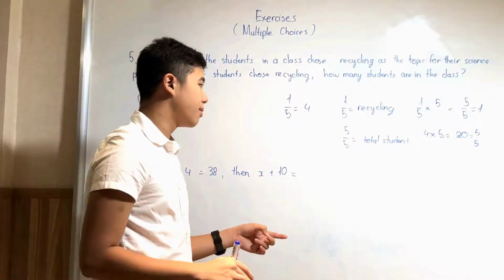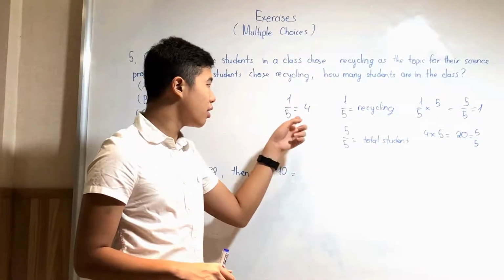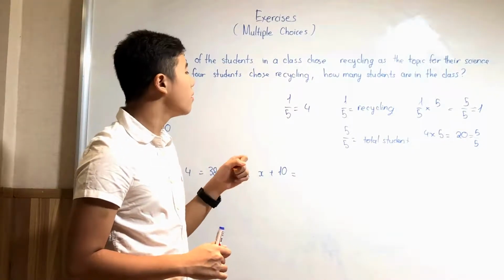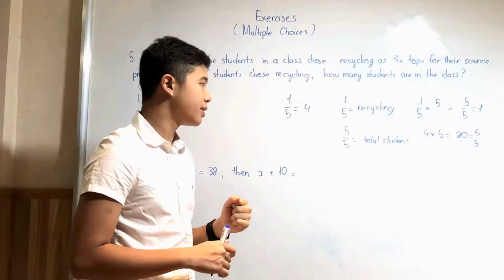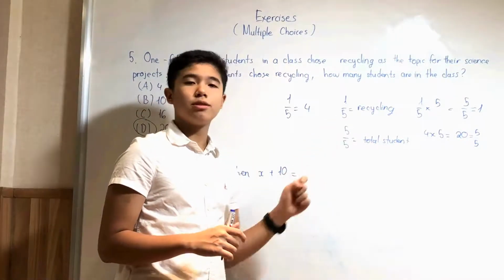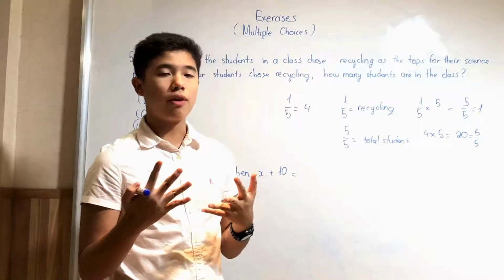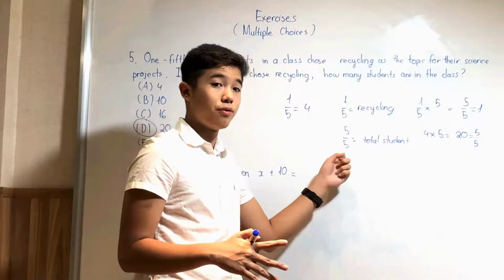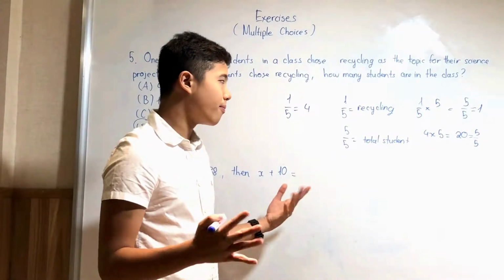Let me try to teach you again. The first thing we know, 1/5 is equal to 4 students. And that 1/5 of the students chose recycling. If you want to find the total students, you must find 5 over 5, that's the total students equal to 1.